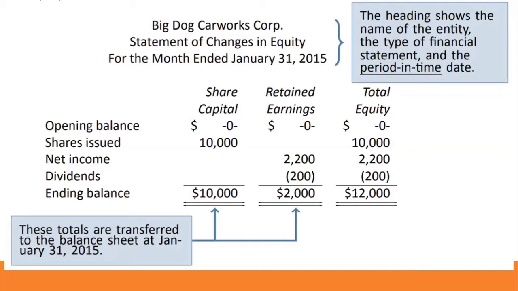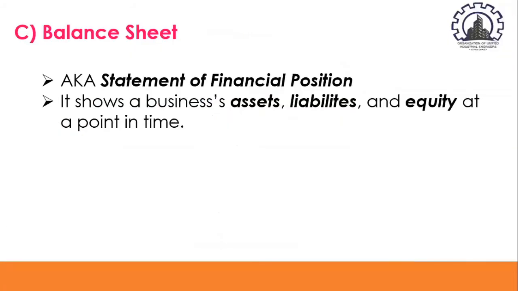And the next financial statement that we will be discussing would be the balance sheet. And take note that the balance sheet is also known as the statement of financial position or the statement of financial condition because it shows a business's assets, liabilities, and equity at a point in time.